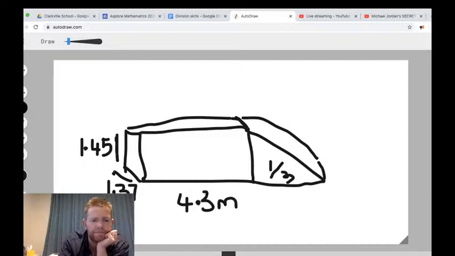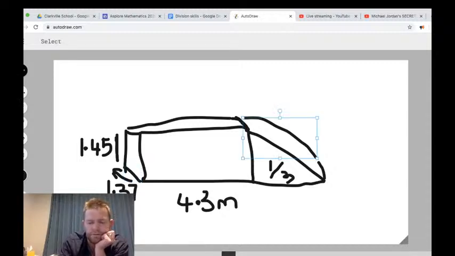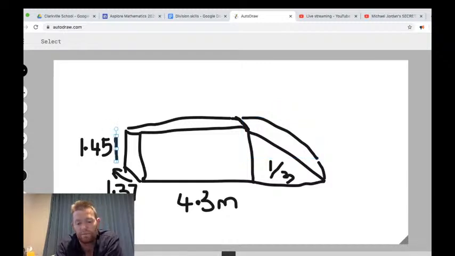So that's the depth there, which is this part along there. It's also there as well. If I could draw it would help. And the height is this up and down part right here. And that's 1.45. The total length is 4.3.